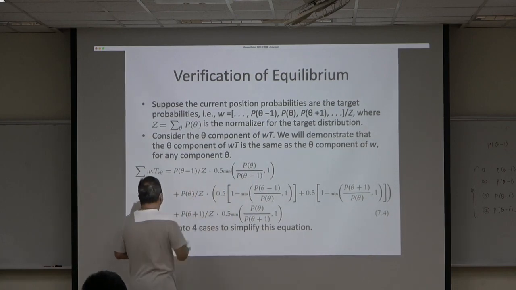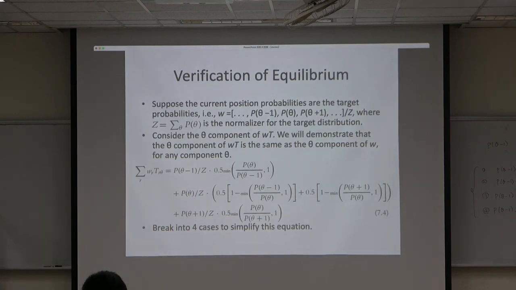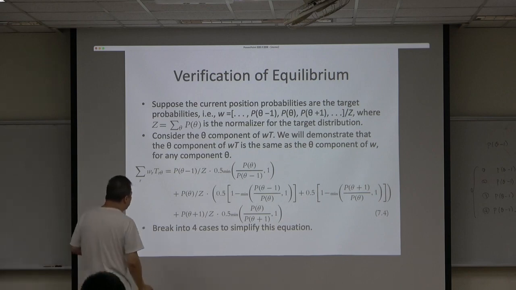So it's going to be p theta minus 1, 0.5 times z, theta minus 1, and then plus p theta divided by z and times 0.5.